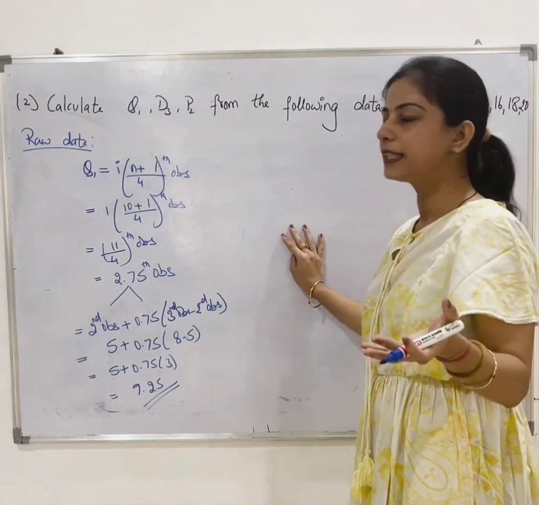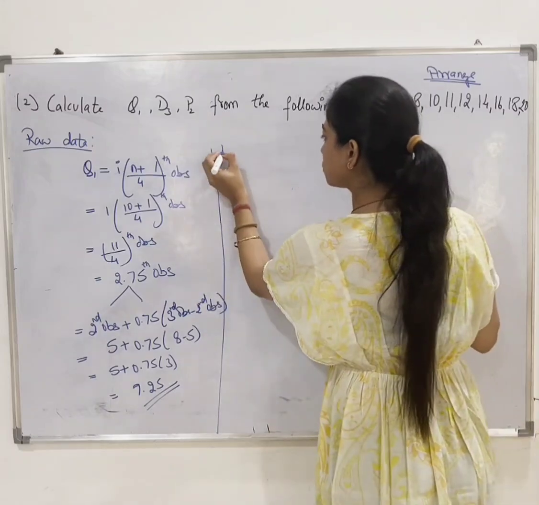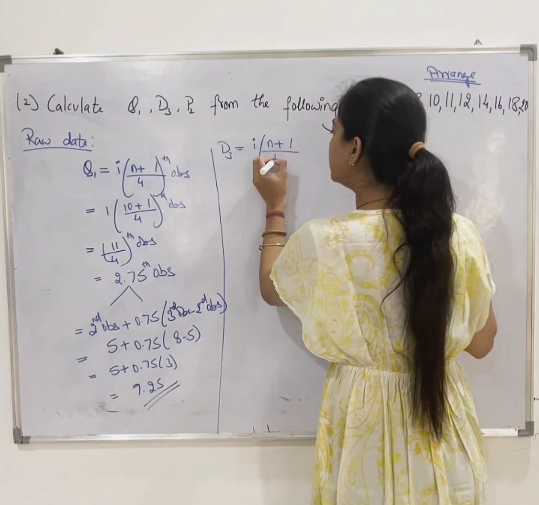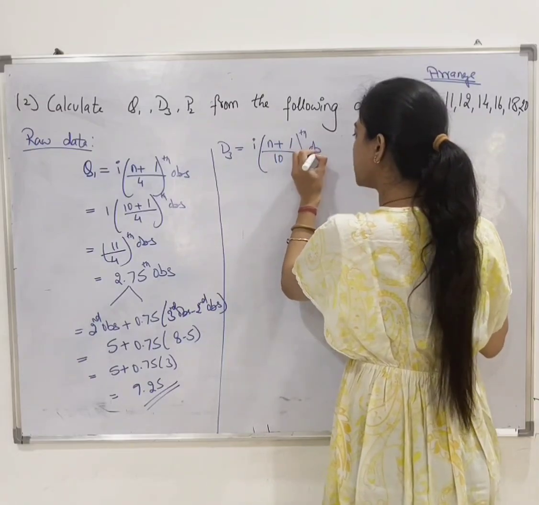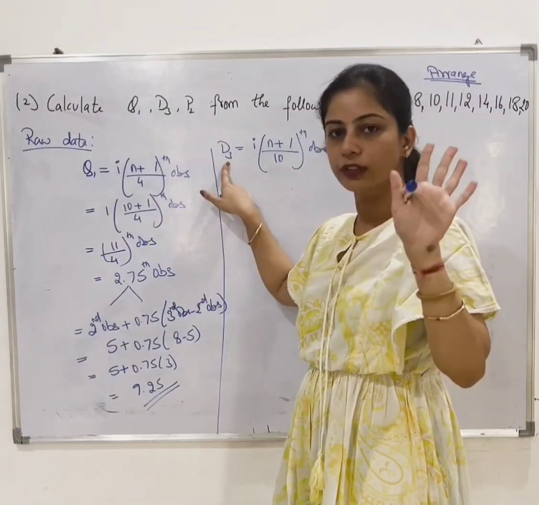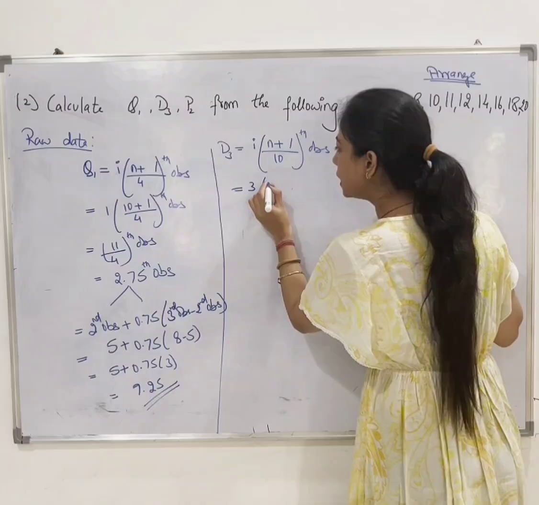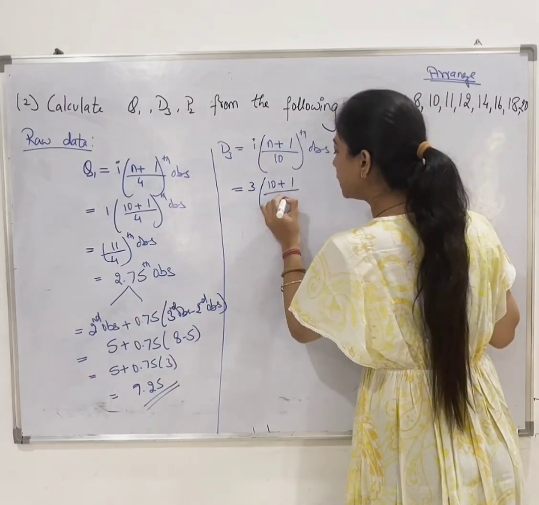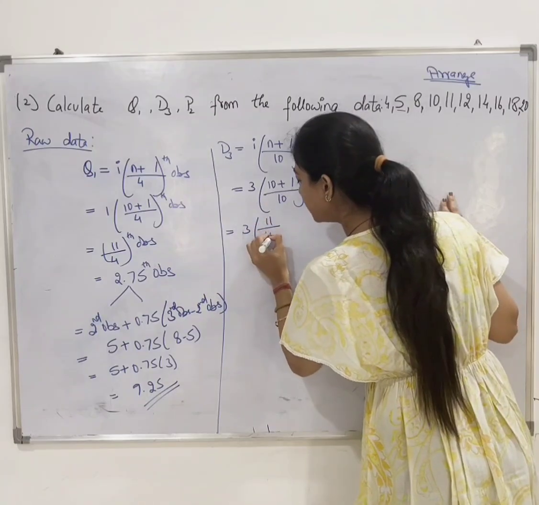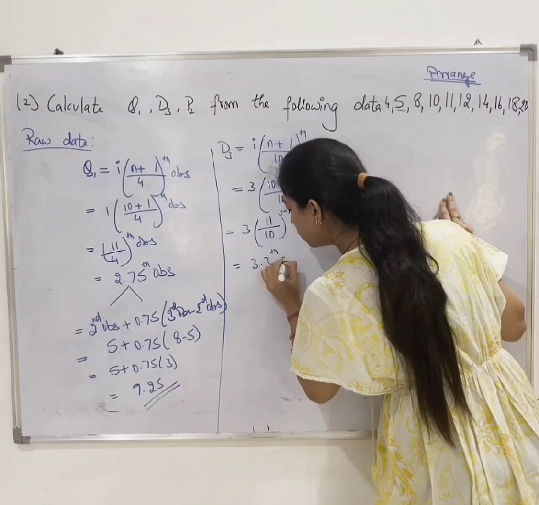Okay. Now next, let us find the value of D3. So D3 will be i into (n plus 1) by 10th observation. Since a quartile divides data into 4 parts, we divide by 4. A decile is divided into 10 equal parts, so we divide by 10. Since they have asked us to find the third decile, we will multiply by 3. N is 10, plus 1 by 10th observation. Now 3 into 11 by 10th observation is the 3.3rd observation.